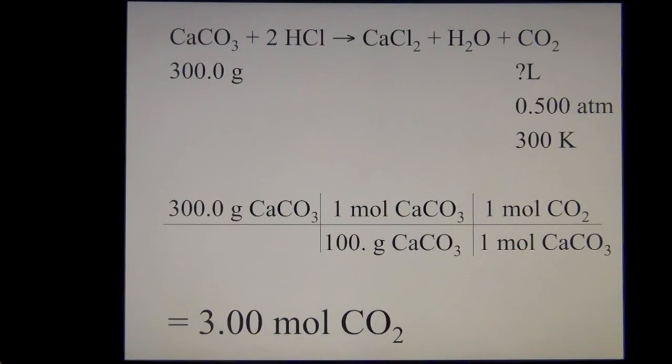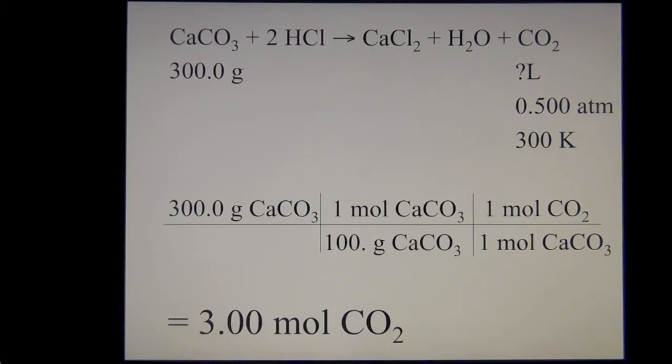So to change grams to moles, you have to divide by the molar mass. The ratio between the calcium carbonate and the CO2 in the balanced equation is a 1-to-1 ratio. For every 1 mole of calcium carbonate that we start with, we're able to produce 1 mole of the carbon dioxide. So the quantity of gas that we're able to produce here, the amount of CO2, is 3 moles.